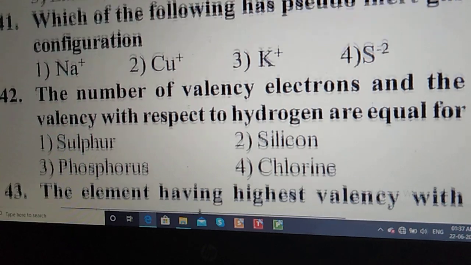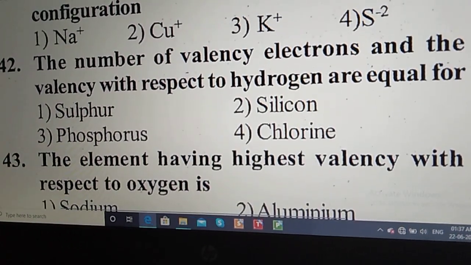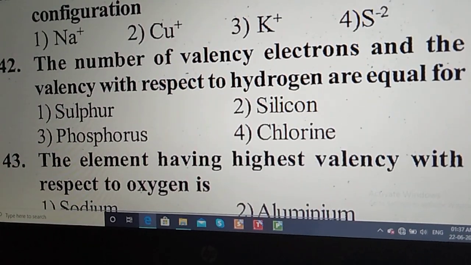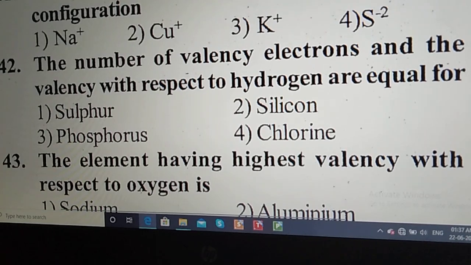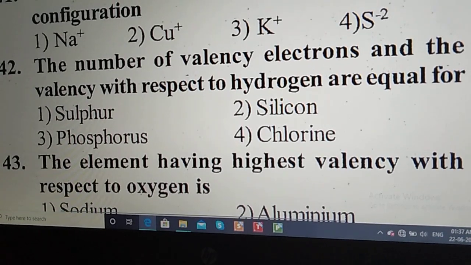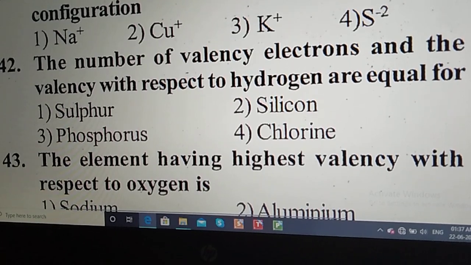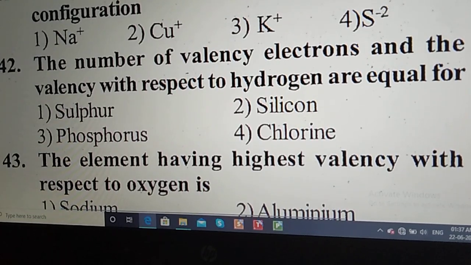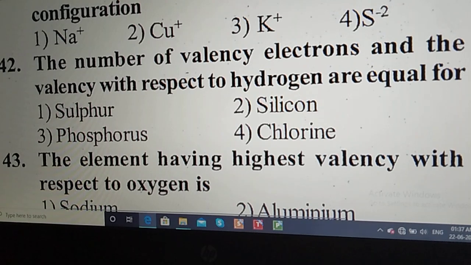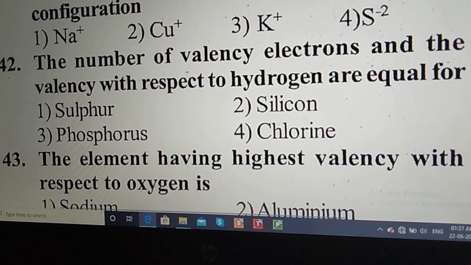Okay. Now let us move on to question number 42, student, and check what the question is. The question is: the number of valence electrons and the valency with respect to hydrogen are equal. There are four atoms given, student: sulfur, silicon, phosphorus, and chlorine.